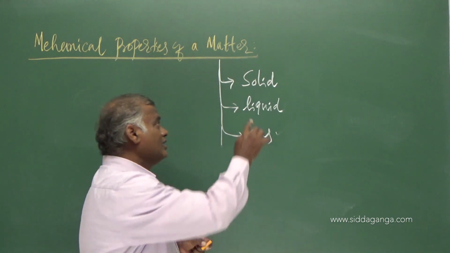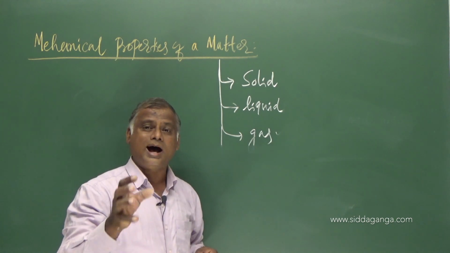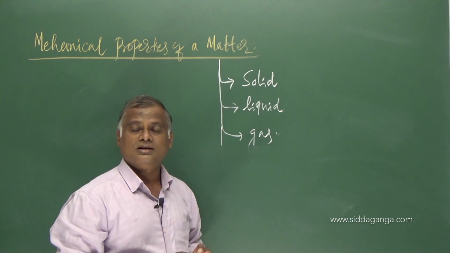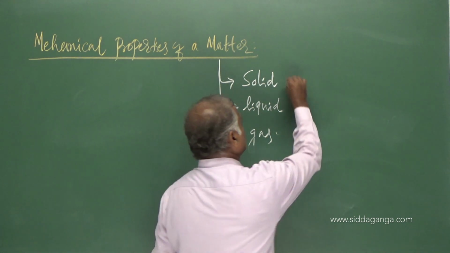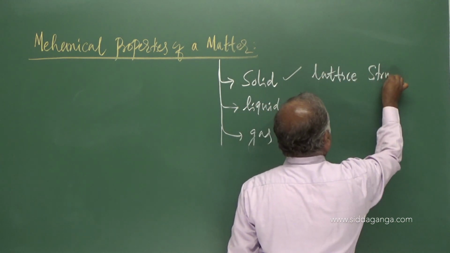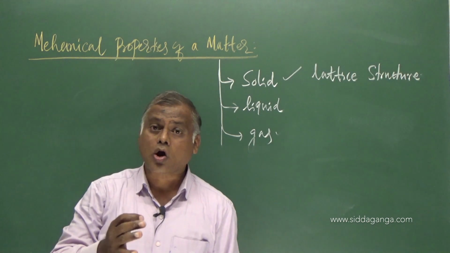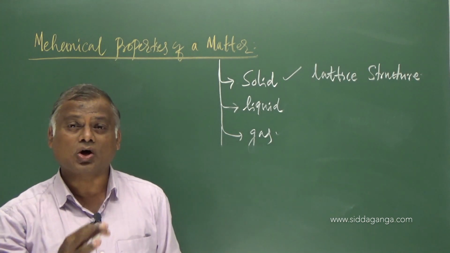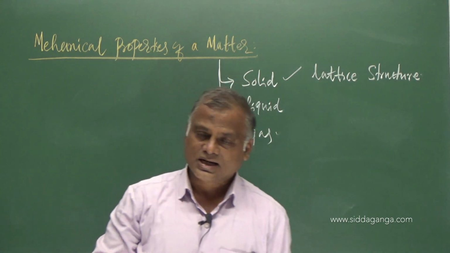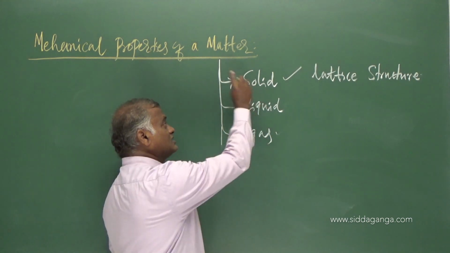Like that, a solid is a state of matter which contains well arranged, systematically arranged atoms and molecules. They have some well defined lattice structure. We can say the most ordered state of matter. The most ordered state of matter is called solid, which has a definite shape, size and volume. Such a matter we call a solid.